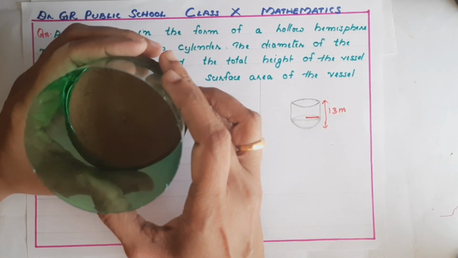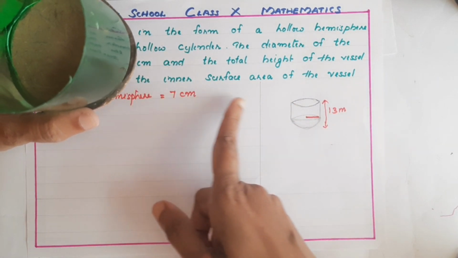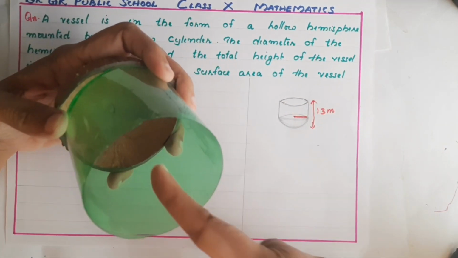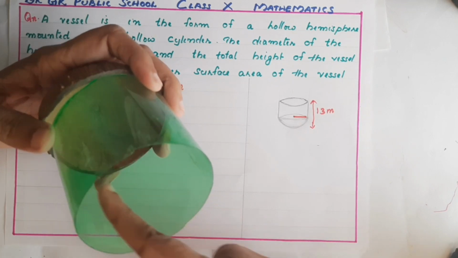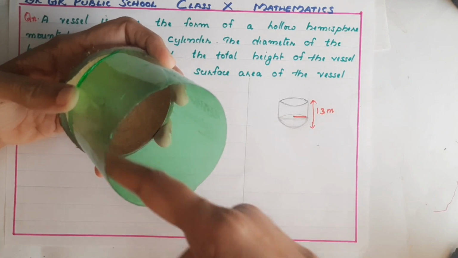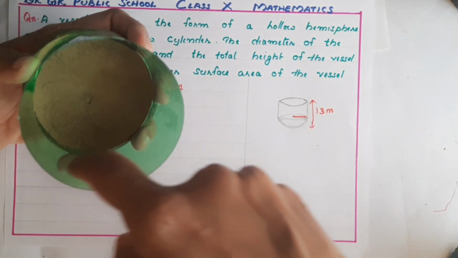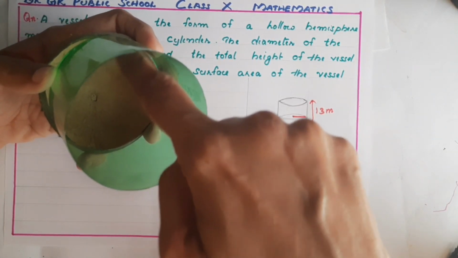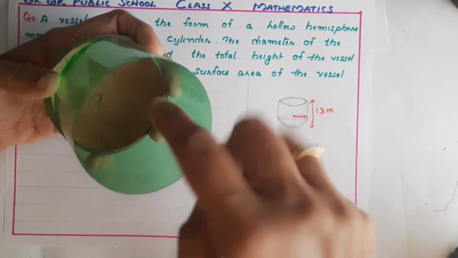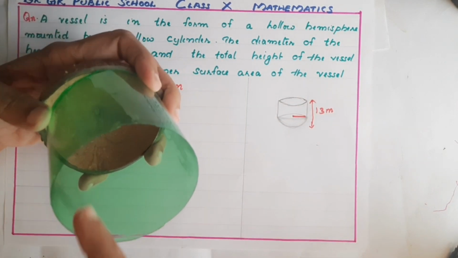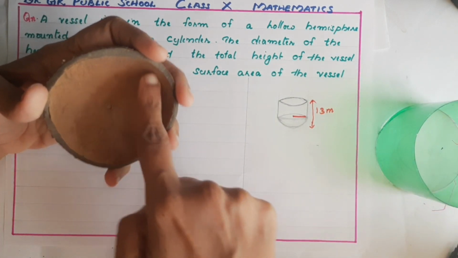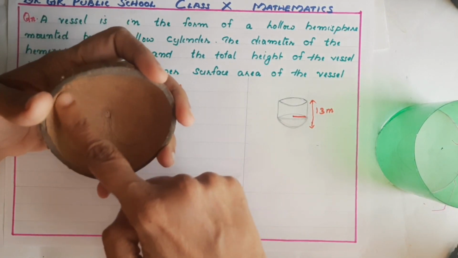We have to find out the inner surface area. See, what are the inner surfaces? What all surfaces can we see? You can see the inner surface of this cylinder. It is a curved surface, so it is the inner curved surface of this cylinder we can see. Then down we can see the inner surface of the hemisphere.